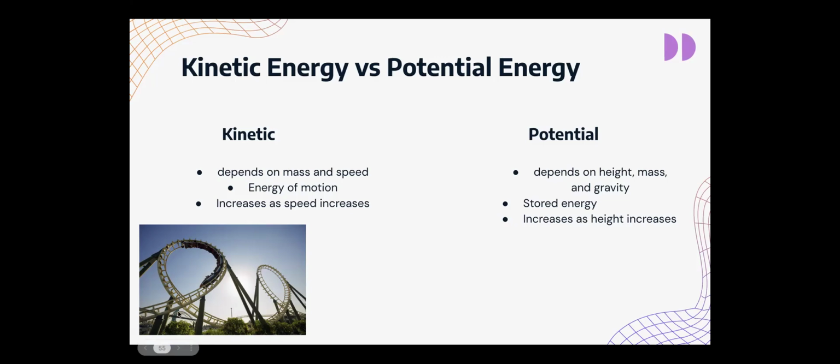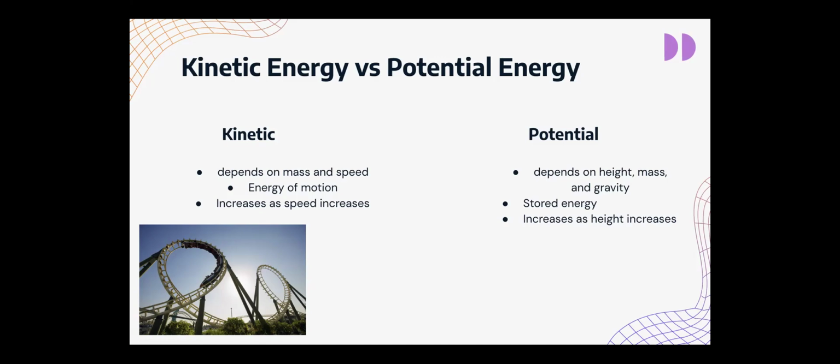This is not too great of a picture because I can't see the top, but that's where it gets stored, and then it depends on height, mass, and gravity, correct? You need to remember that for the next few slides because there's an equation that we can use from that, right? And for kinetic energy, that's the energy of motion. That's when it depends on the mass and speed, right?